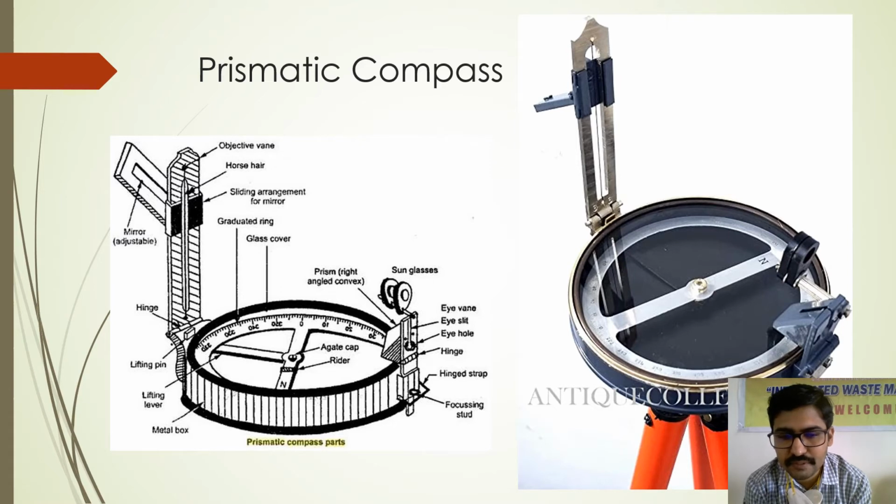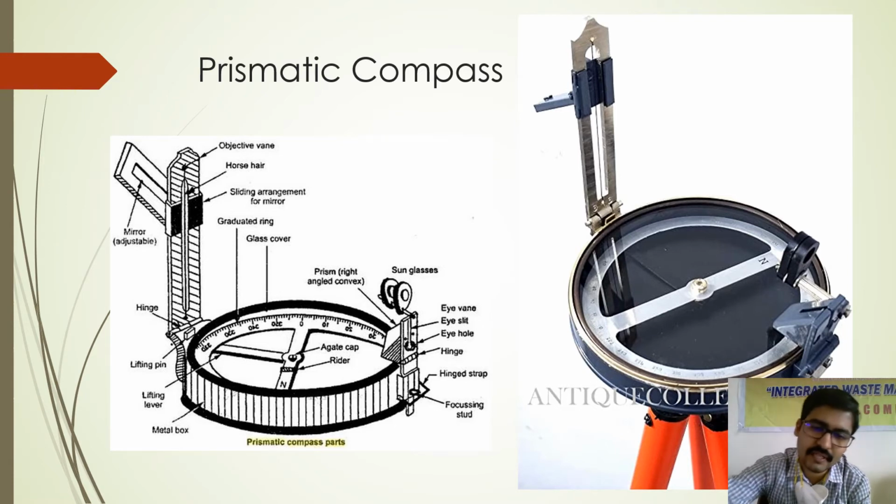If they were engraved straight or erect, then what you would see from the prism would be an inverted image. That is the reason why the graduated circle readings are engraved inverted, so that when you see them through the prism, you find an erect image and can easily read them.